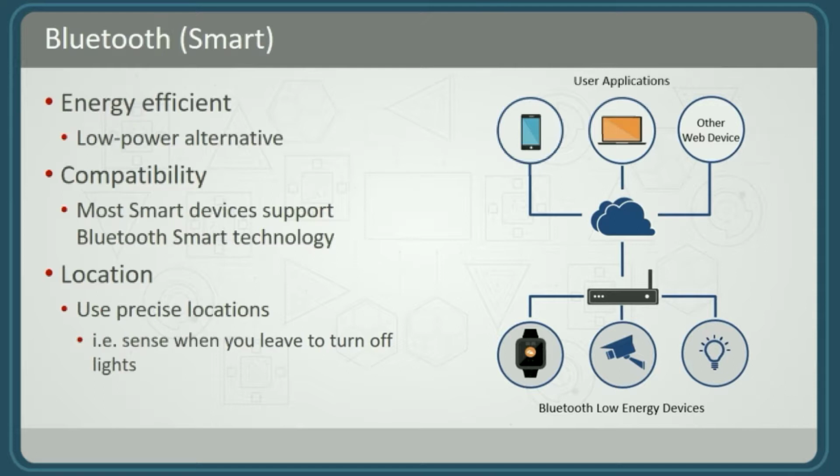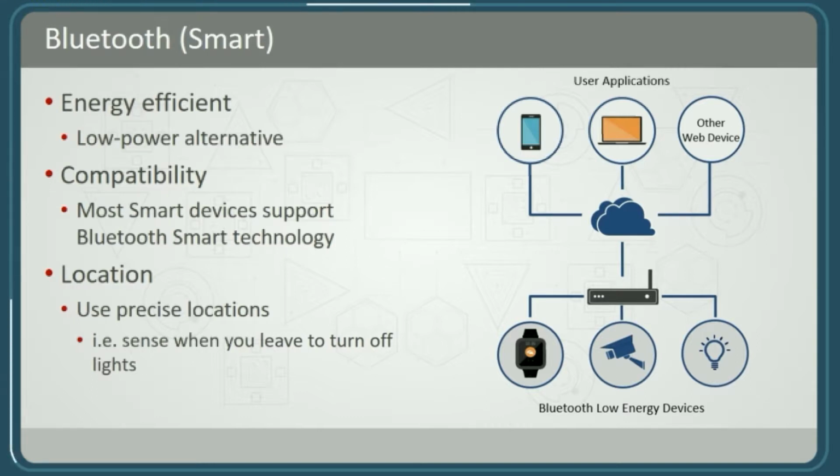And of course, these days, smartphones and pairing with your car and things along those lines. So Bluetooth in and of itself is certainly not new, but there is an implementation of Bluetooth known as Bluetooth Smart. And this really has been designed specifically for Internet of Things types of communications. So it's very energy efficient. It's a low power alternative to Bluetooth.